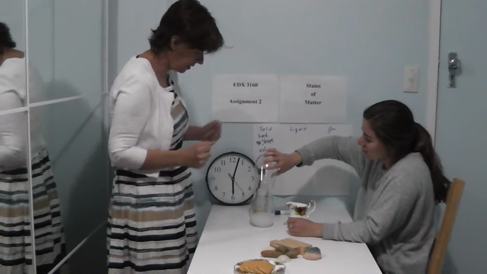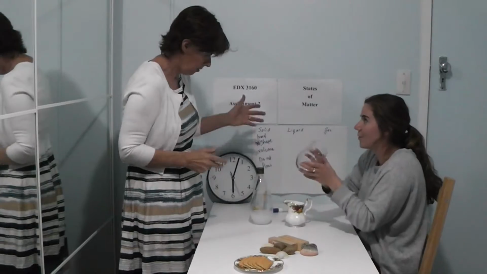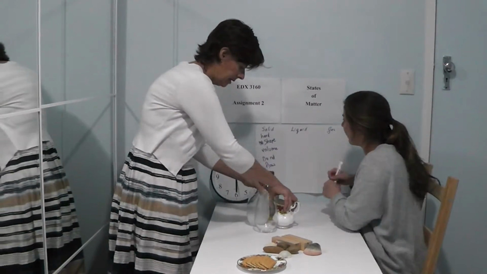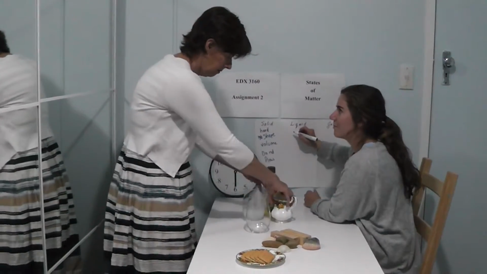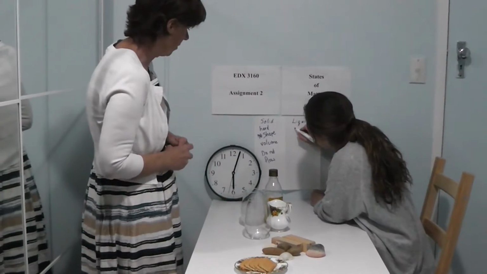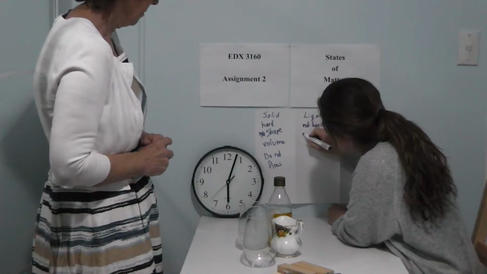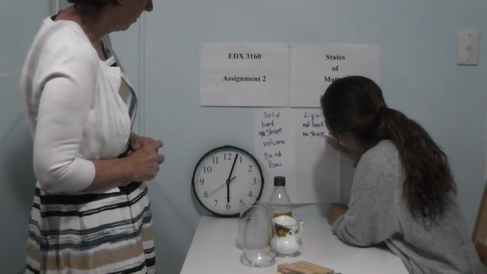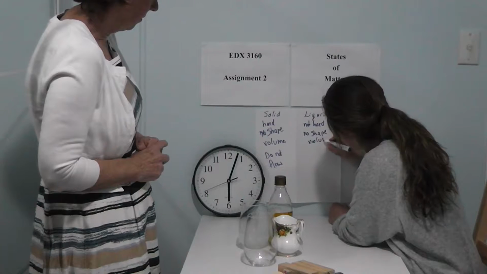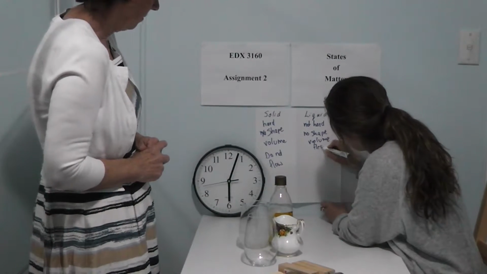It's changing shape, filling the container, and it has volume. All right, Joanne, can you write those down for me, please? Sure. Oh, and it's not hard, because it can flow. Good girl. So, not hard, no shape, has volume, and it flows.